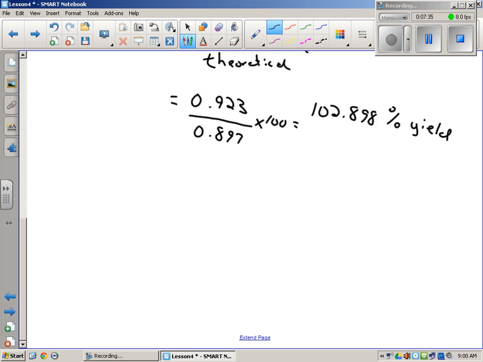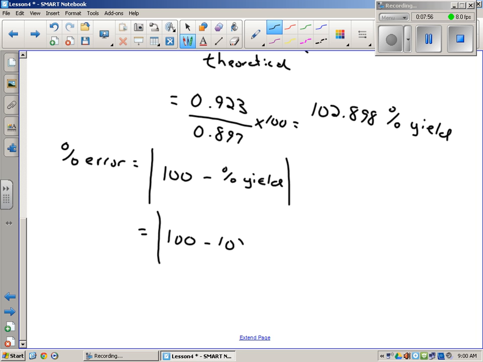If we want to calculate the percent error, we do this. And you may be asked for both. That's why I like to give you two different formulas for this. We take the absolute value of 100 minus the percent yield, okay? Or in this case here, the absolute value of 100 minus 102.898%, of course.